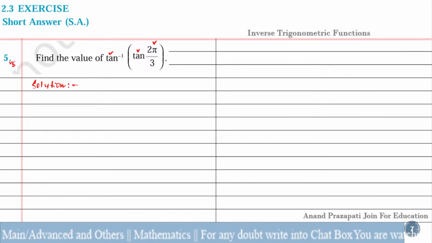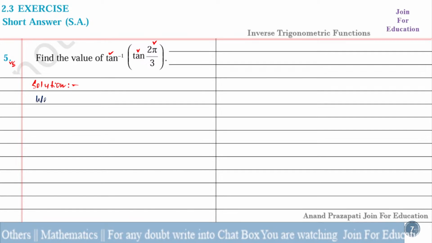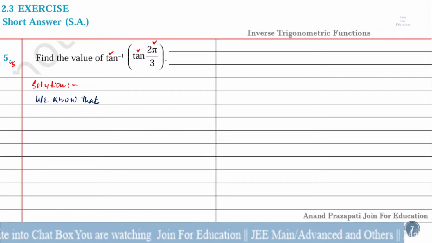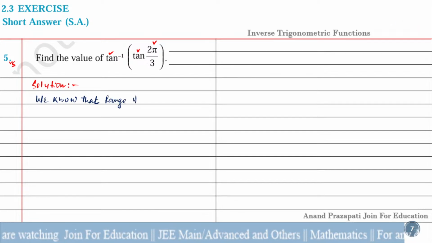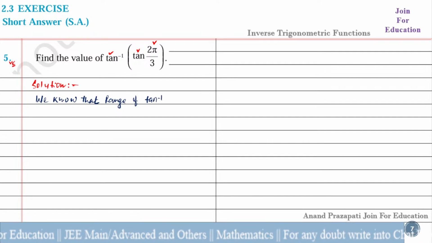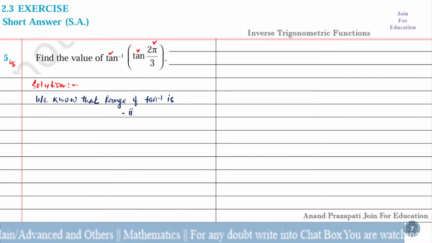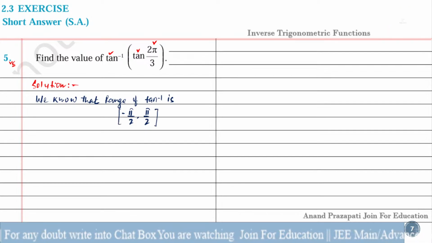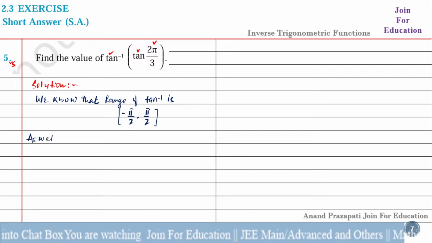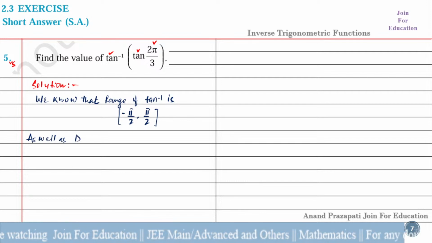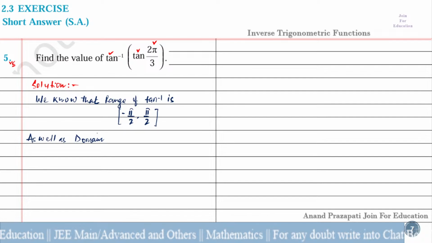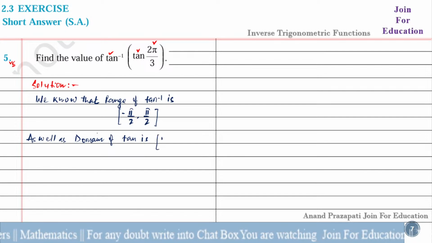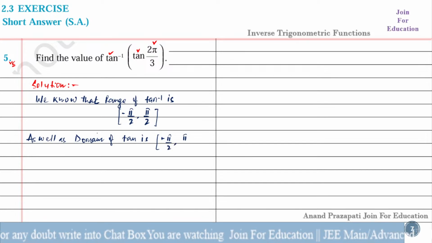Let's see here. We know that the range of tan inverse is minus pi by 2 to pi by 2 in the closed interval, as well as the domain of tan is minus pi by 2 to pi by 2.